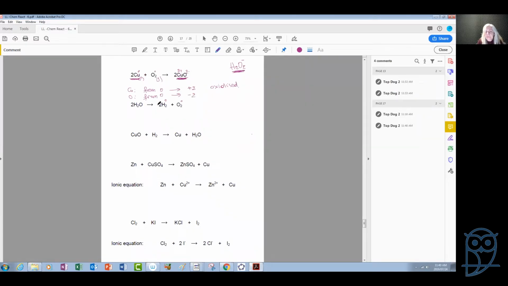So from 0, it has gone to -2. Its oxidation state decreased, it reduced. So we can see that here, this is what reduces. The oxygen reduces, which means it's the oxidizing agent. The copper oxidized, which means it's the reducing agent.